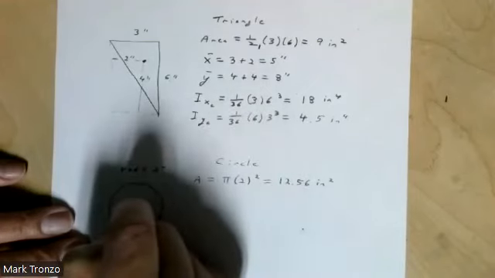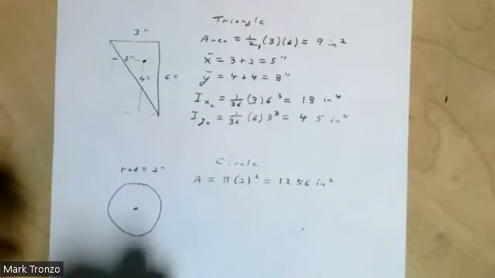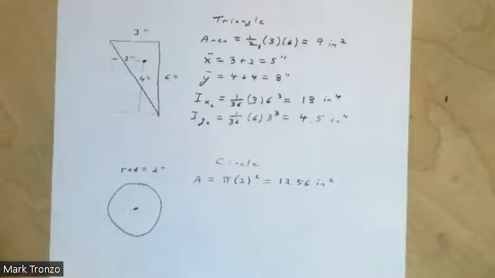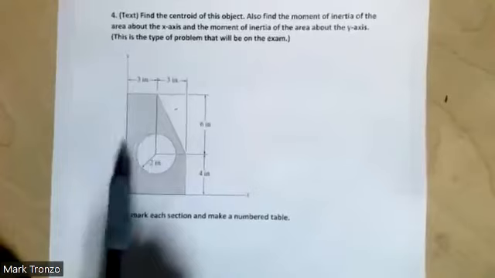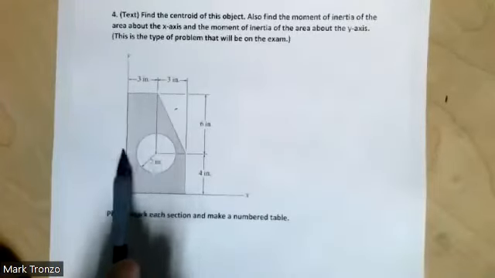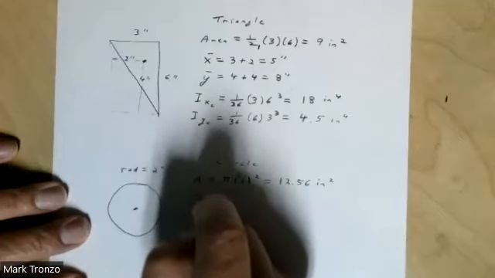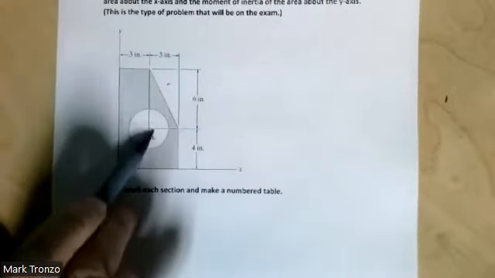And again, the centroid is right at the center of that, but we have to see how far the centroid is from the X and Y axis. So if we look over here at this picture, you can see it's 3 inches from this edge, and it's 4 inches from here.